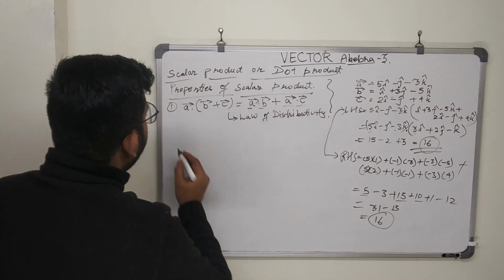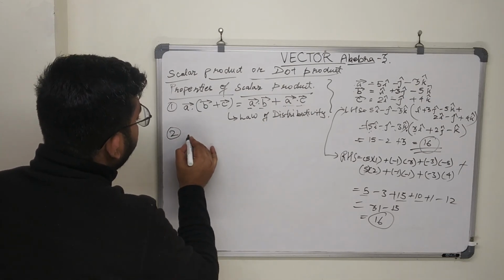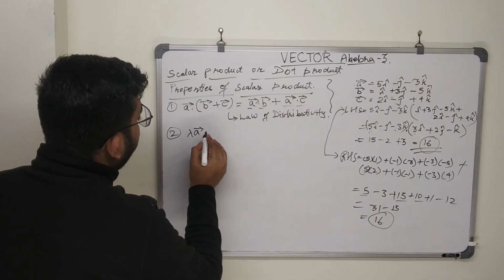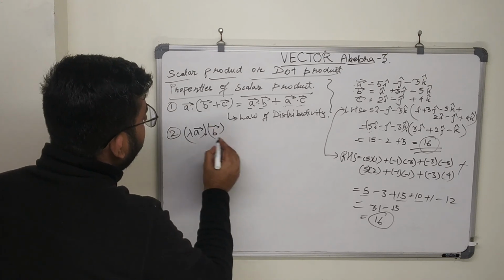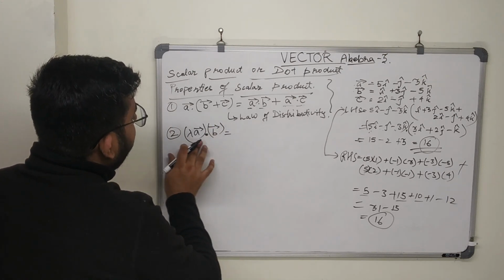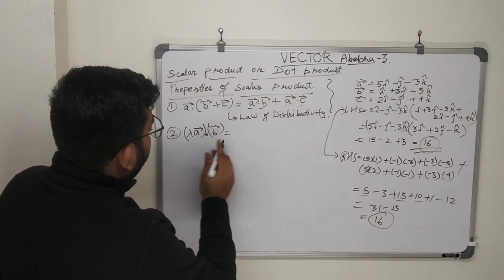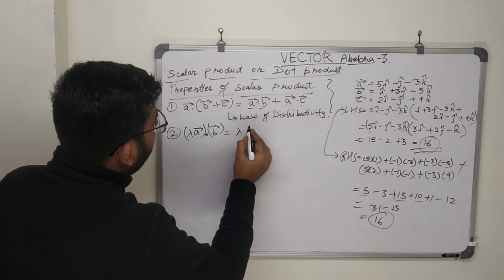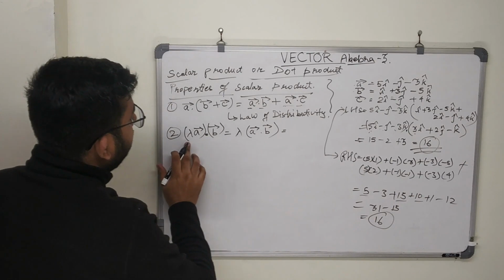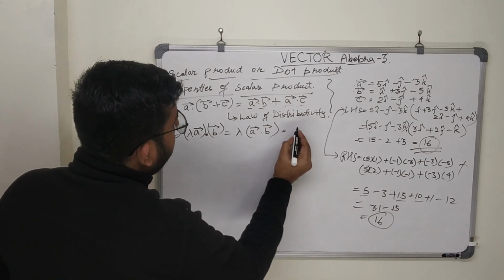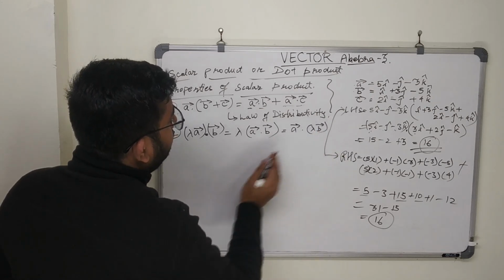And now the second property is, suppose if we are going to multiply A vector with lambda and then finding the dot product with B vector, so this lambda can be written with any of A vector or B vector, or maybe separated out also, that is lambda into A vector dot B vector, or this can also be written with the B vector, that is A vector dot lambda times B vector.